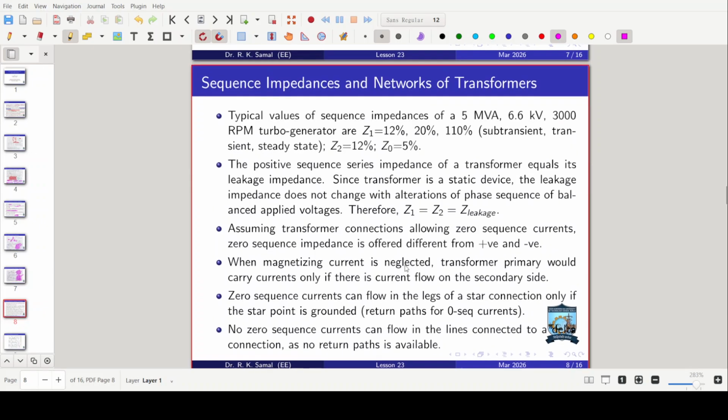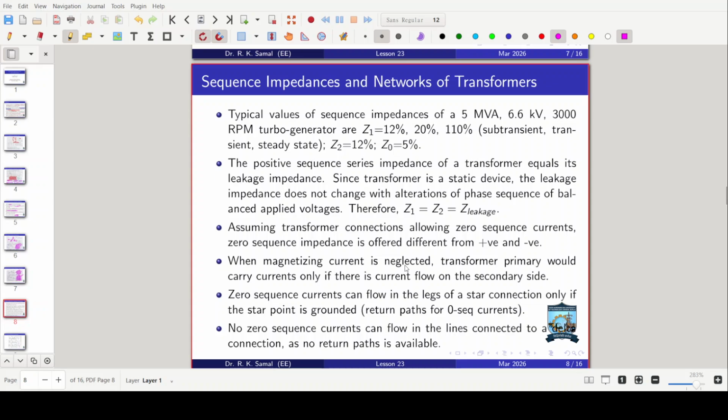Then coming to transformers, the next component that we will discuss. We discussed the transmission line. What is the characteristic feature? That positive and negative sequence impedances of a transmission line are equal. What is the feature for the generator? That the EMF source will be there only in the positive sequence network, and the zero sequence network will have the neutral impedance 3 times Zn.